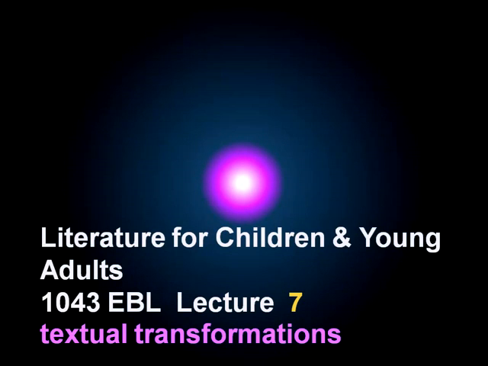I've been asked to talk about the concepts of with, across and against the text. So it's important to remember that with these concepts, we're not only talking about reading, but we're also talking about writing. So you can read with, across and against the text, and you can also write in a similar pattern. And so it's important to know what these concepts mean so that you can actually carry out the transformation that you'll be doing.